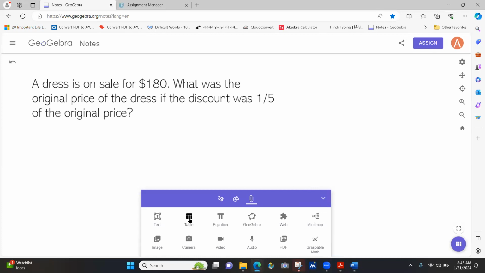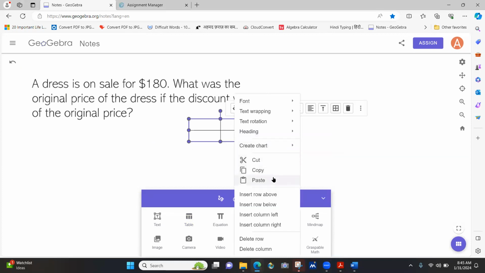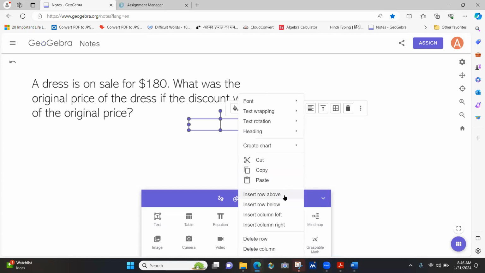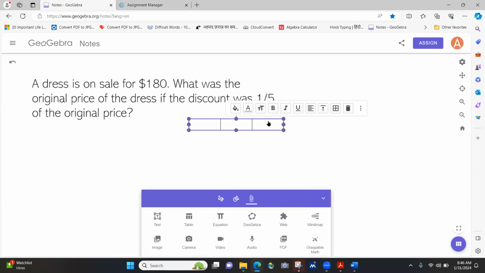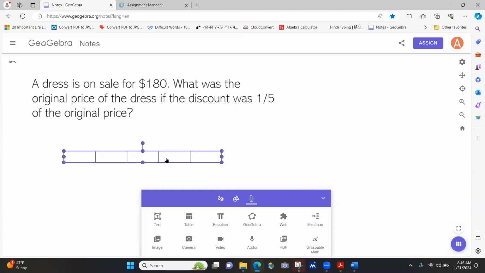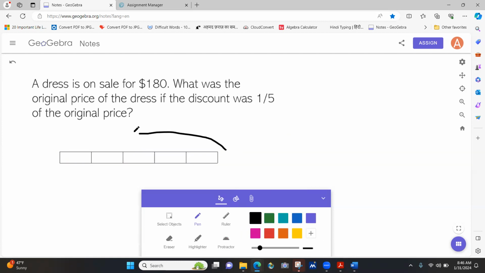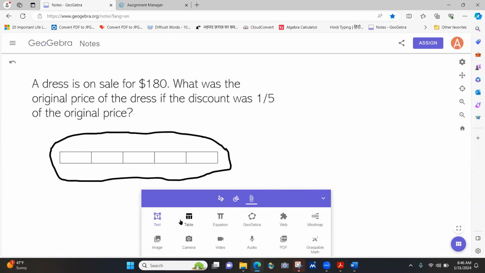So what I'm going to do, guys, I'm going to pretend, so let's say this strip, the whole strip, because I have 1/5, the denominator is 5. I'm going to assume this is the original price. Let's write it down. This whole thing is the original price, and you have to get that, not the discounted price.